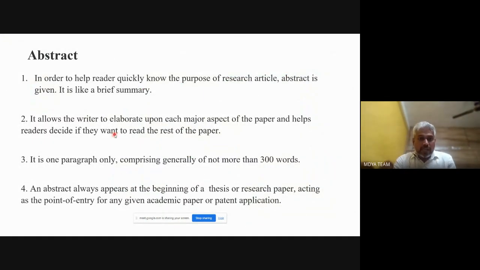It allows the writer to elaborate upon each major aspect of the paper and helps the reader decide if they want to read the rest of the paper.